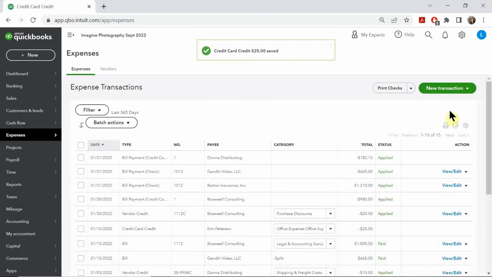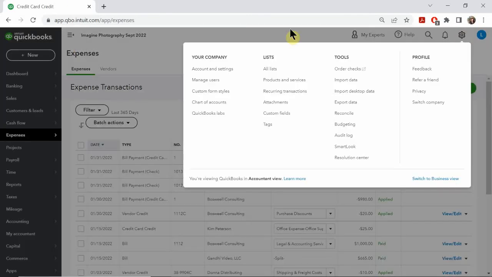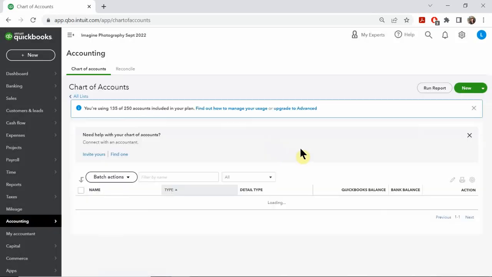Now, how do I see that credit card credit go through? Well, you can either go to your credit card statement, or go through online banking to your credit card company, and you can see it for yourself. If you're looking at it in QuickBooks, you can go to your chart of accounts.